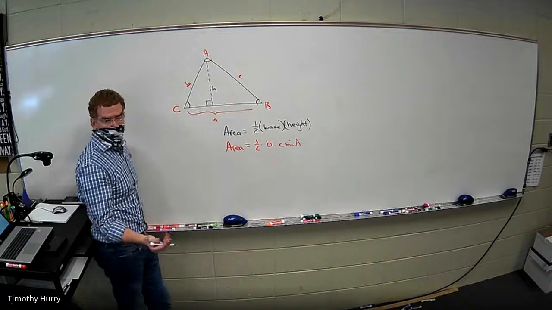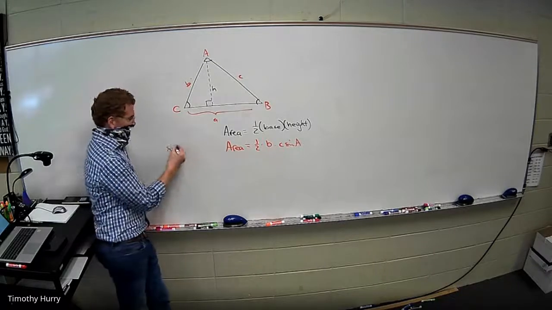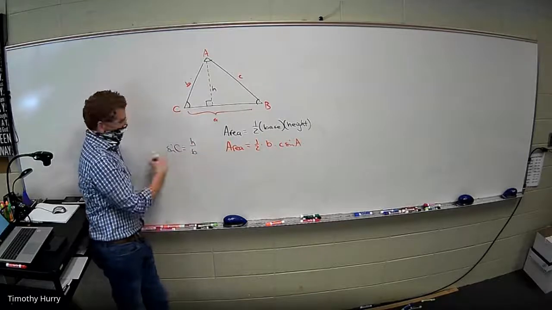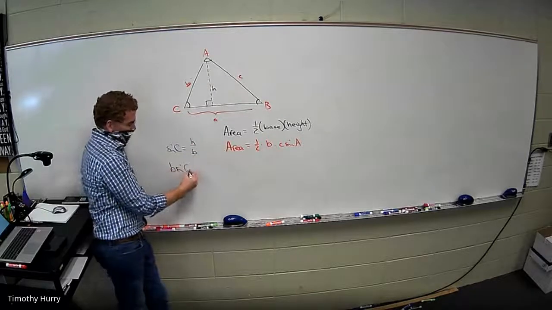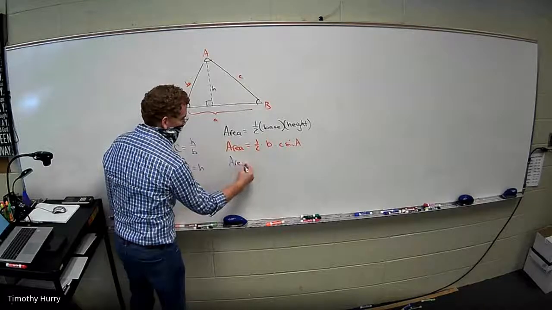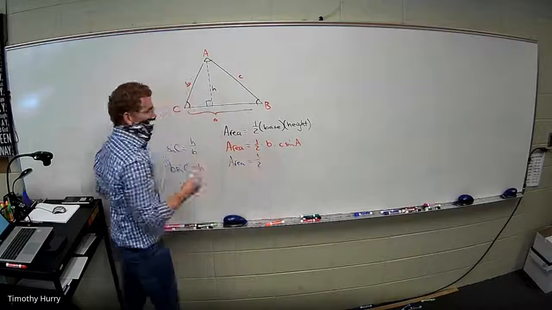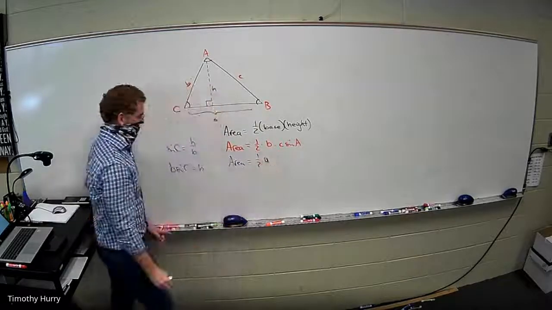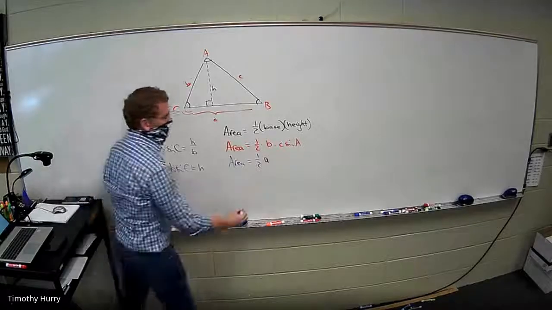Same way, right? Different stuff. Sine of C is H over B, multiplied by B. B sine C is height. So area, therefore, is 1/2, except now what's my base? A, and my height, B sine C.